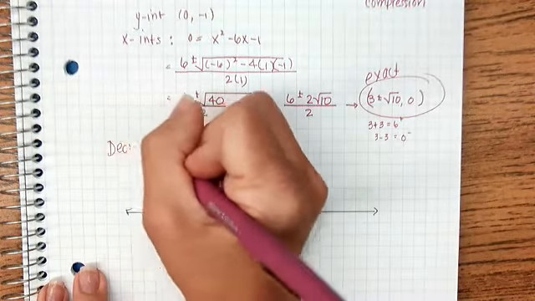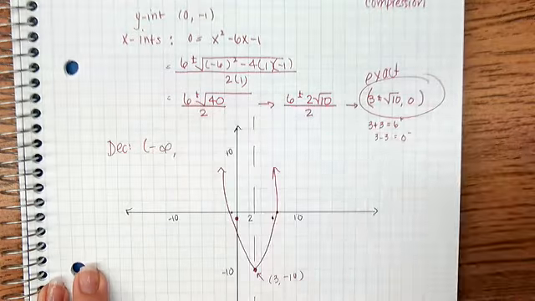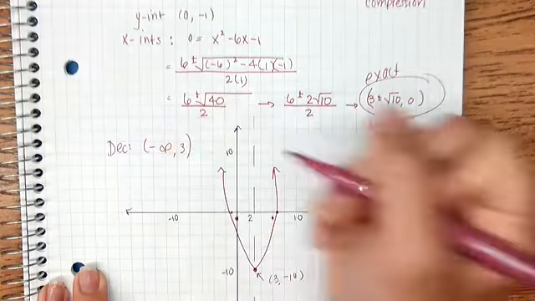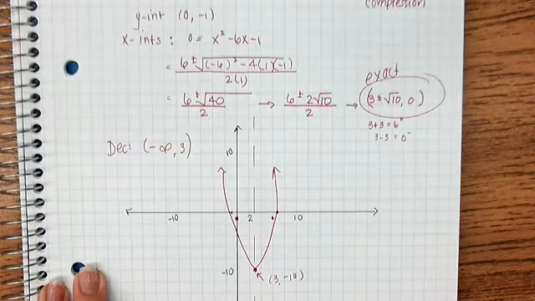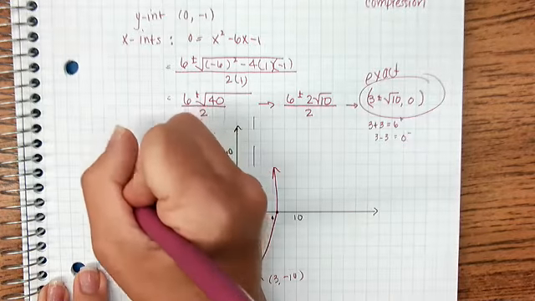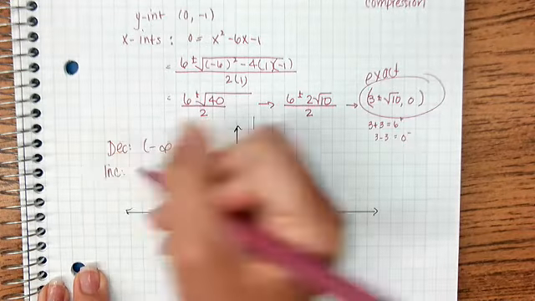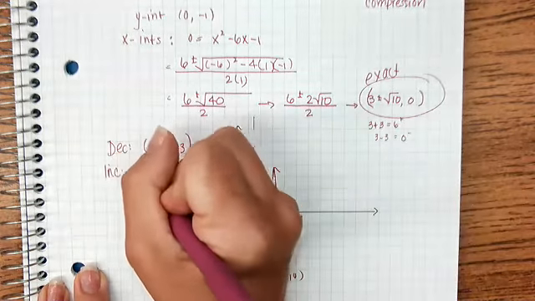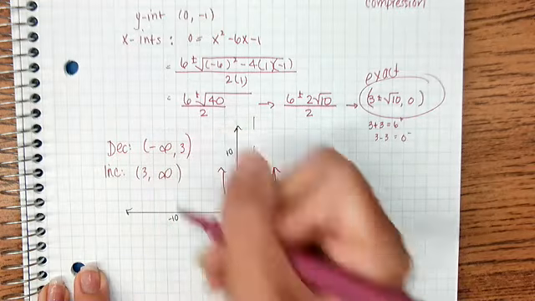So this is decreasing from negative infinity to 3, the vertex, with a parenthesis because it's a turning point. And this graph is increasing from 3, the turning point, to infinity.